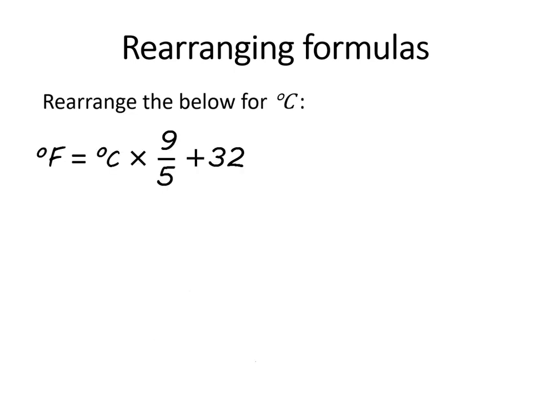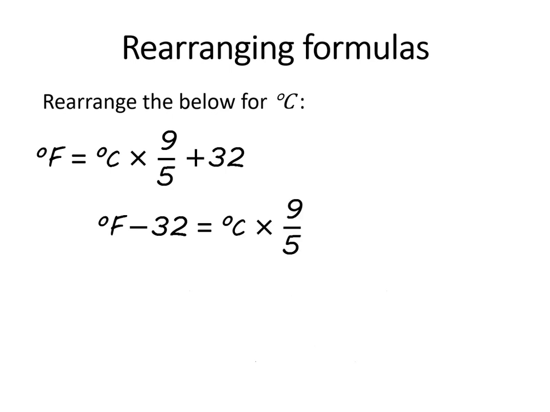For our first example, let's look at rearranging the below formula for degrees centigrade rather than degrees Fahrenheit. As a first step, we can subtract 32 from both sides of the formula. This gives us degrees Fahrenheit minus 32 is equal to degrees centigrade times 9 over 5.